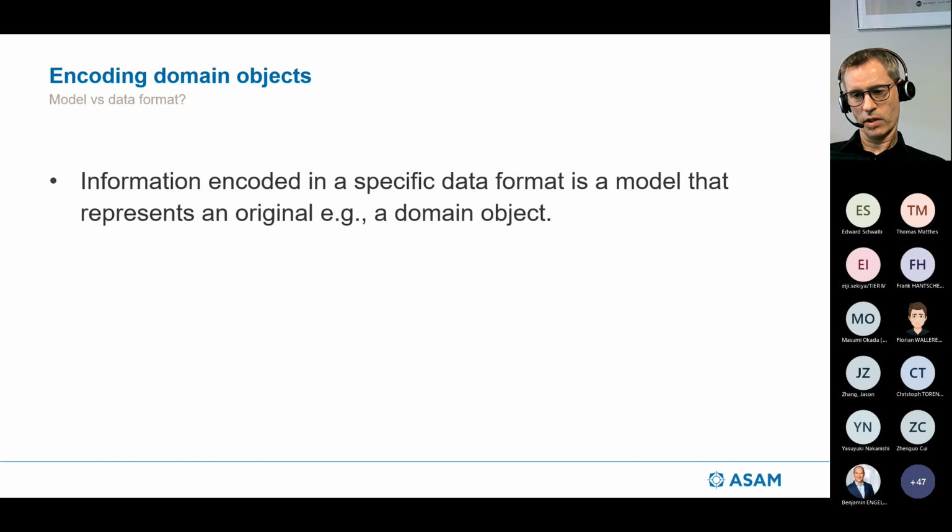So whenever we have encoded data, whenever we have an instance of a scenario, for example, it is a model. So that was our original definition of a model, that a model represents an original, and that's also the case with encoded data that we use in our standard, for example, to encode a domain object.